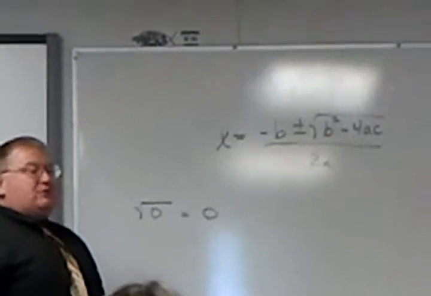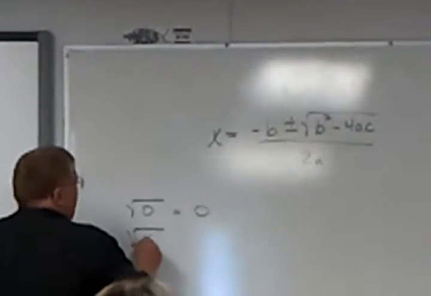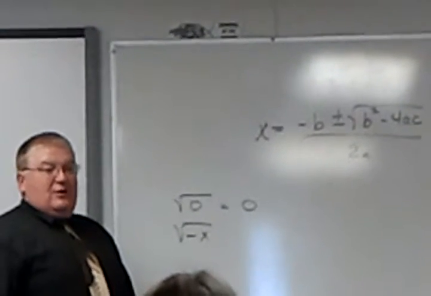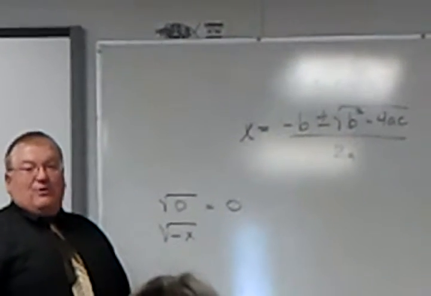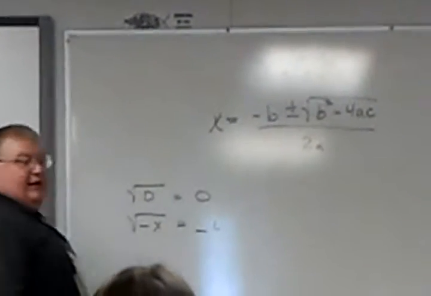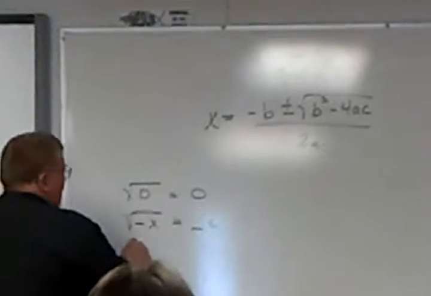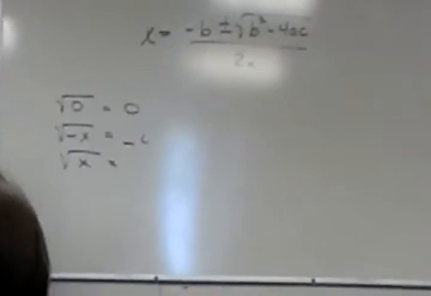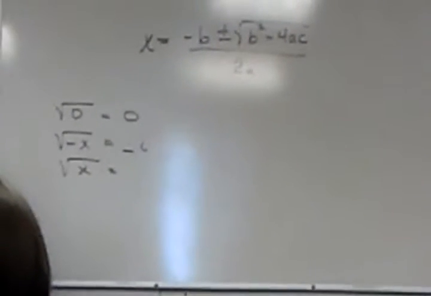What two numbers that are exactly alike multiplied together will give me 0? 0. Makes sense. What happens if the number underneath is negative? We're going to get an answer with i in it. Would you agree? What happens if the number underneath a square root is positive? Good.